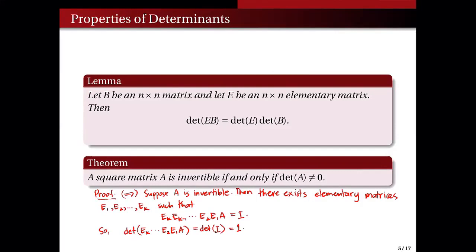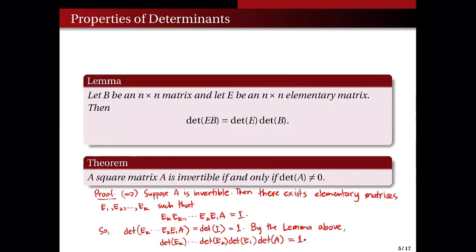So by the lemma above, you can distribute, meaning you will have determinant of EK times until determinant of E2, determinant of E1, determinant of A.